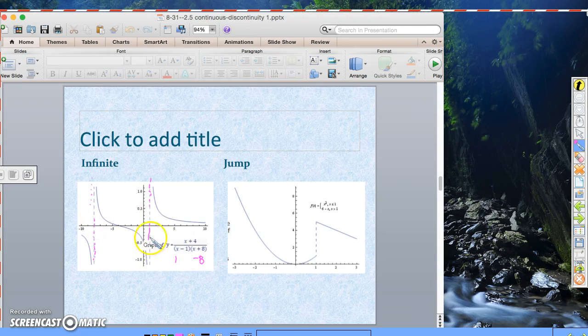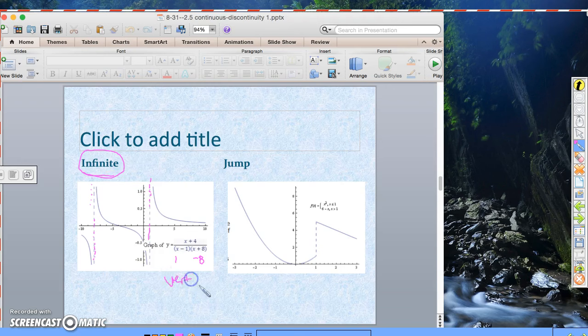That means you can never cross those lines because those values are undefined at positive 1 and negative 8. In other words, my function will approach infinity or negative infinity as you get closer and closer to those dotted lines. In those cases, they're called infinite discontinuity because when you have those x values, it becomes undefined. You divide by 0. And those are called vertical asymptotes.